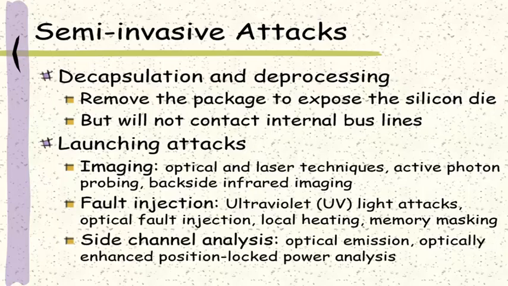Optical equipment and techniques can make side channel analysis much more accurate and deadly. For example, a laser can be pointed to a particular transistor. This allows the attacker to collect the power trace before and after using the laser and then compare.